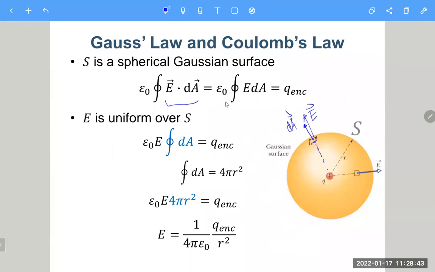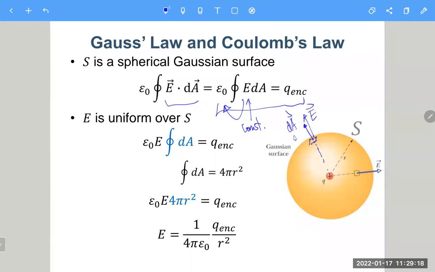Okay, so far we got this one, and then due to symmetry, we know E should be uniform over the whole Gaussian surface because the distance between every point on the surface and the center should be the same. So we can simply imagine that this is a constant, so it can be factored out. So we got epsilon naught E times the integration of dA.